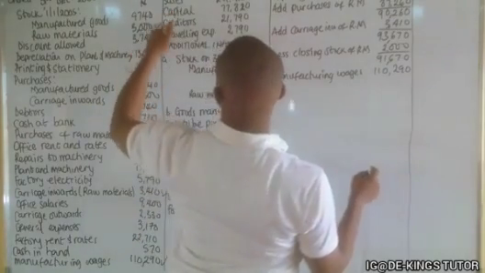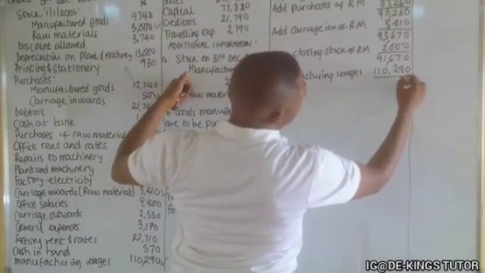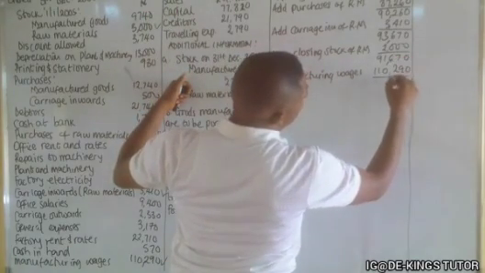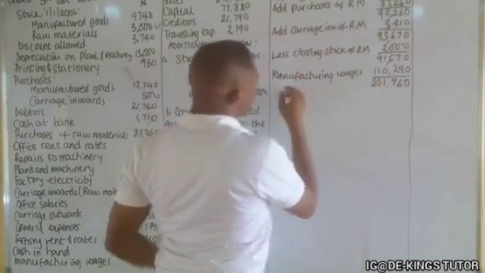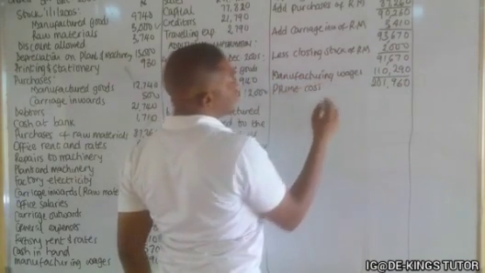Let's check again. None. So that's the only one. Once we add it, this will give us my prime cost.